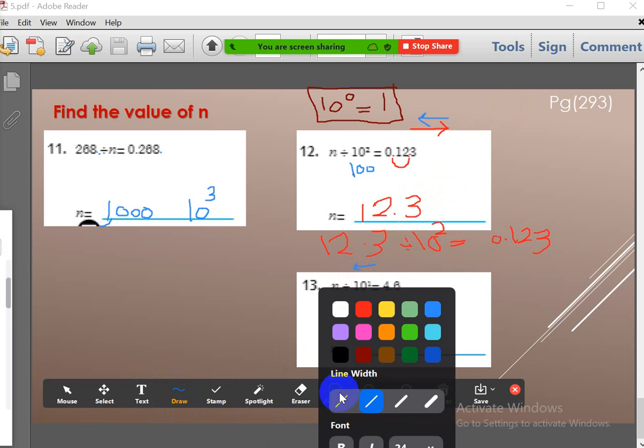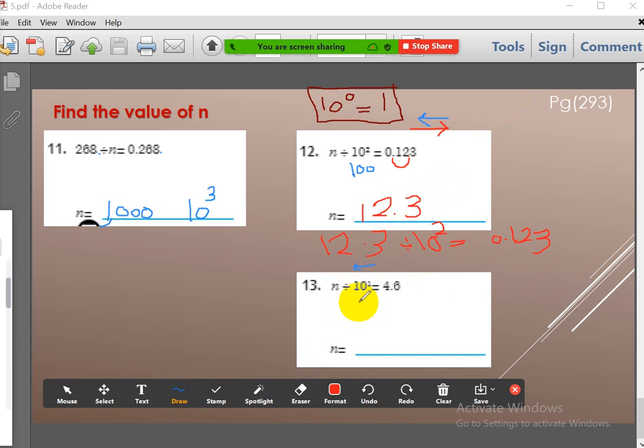So to know the exact number, the dividend that I divide on 10 to give me 4.6, I will go in the inverse direction and move the decimal point only 1 digit to the right side. So I will put the decimal point beside 6. So the number becomes what? If you put it beside 6, it will be 46.